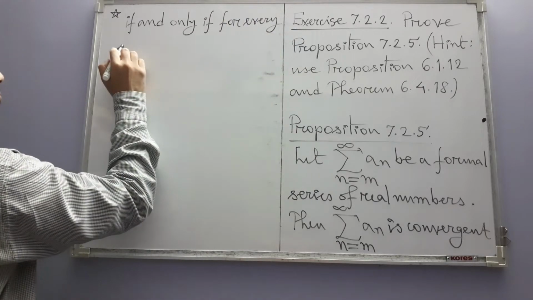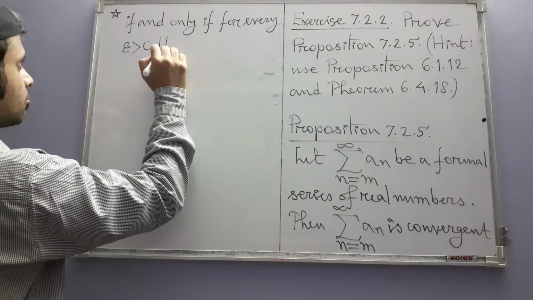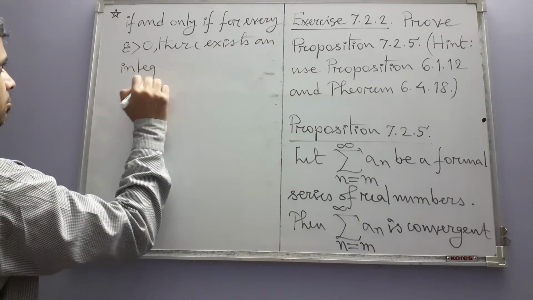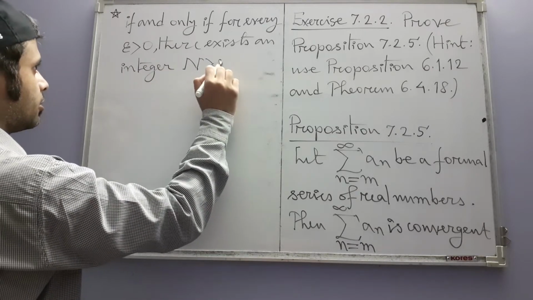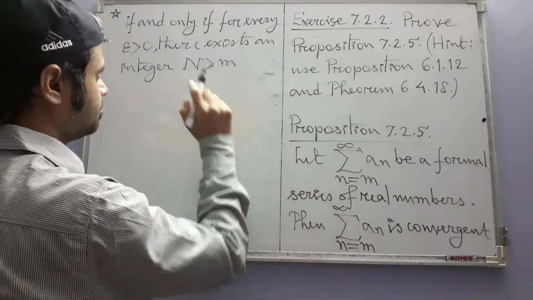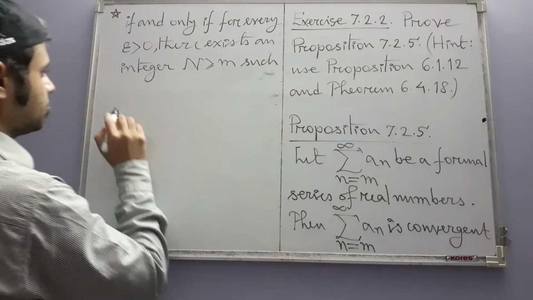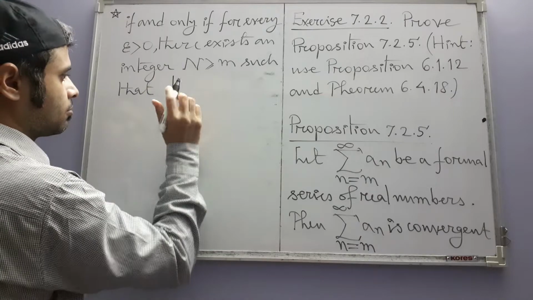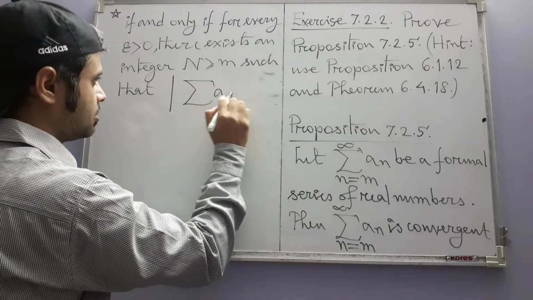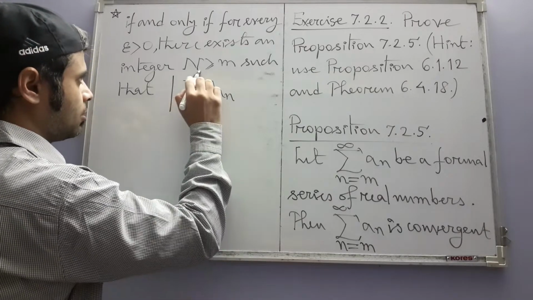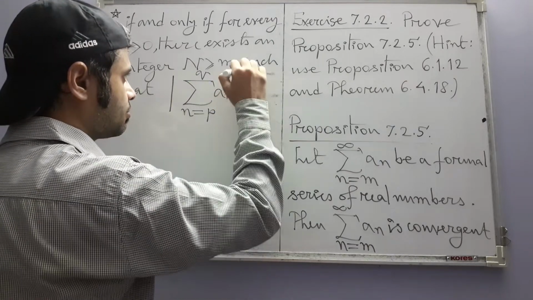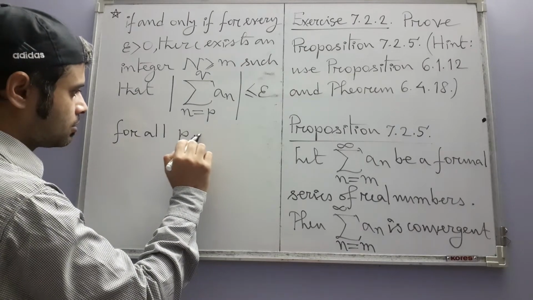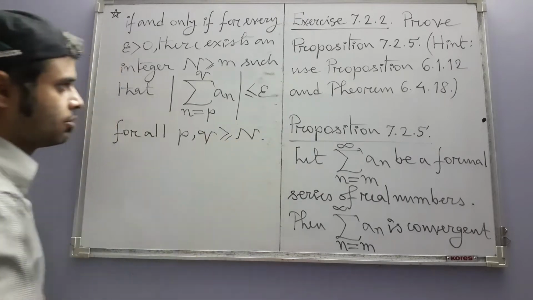for every positive real number epsilon there exists an integer n greater than or equal to the least value of the index n, that is m, such that the absolute value of this finite series, an, where n varies from p to q, is less than or equal to epsilon for all integers p and q greater than or equal to n.